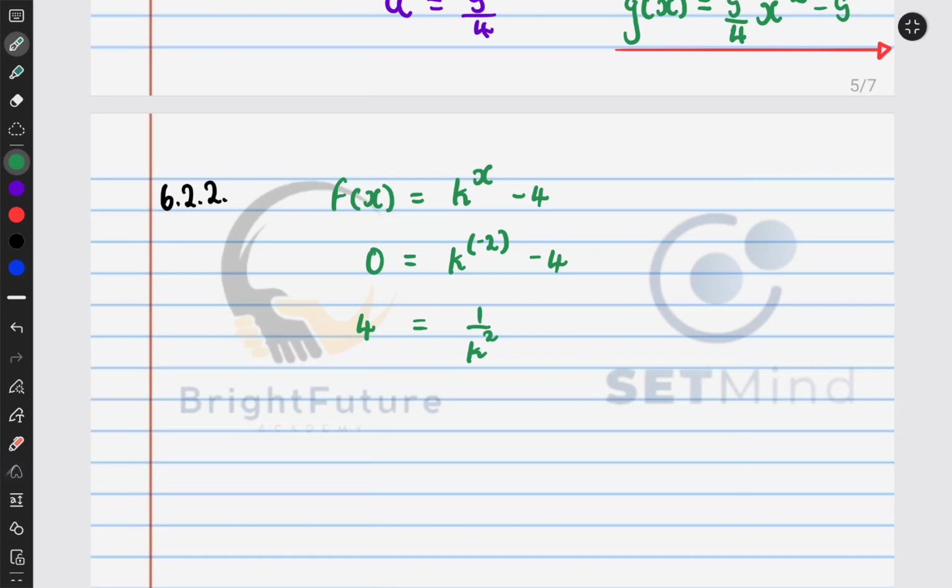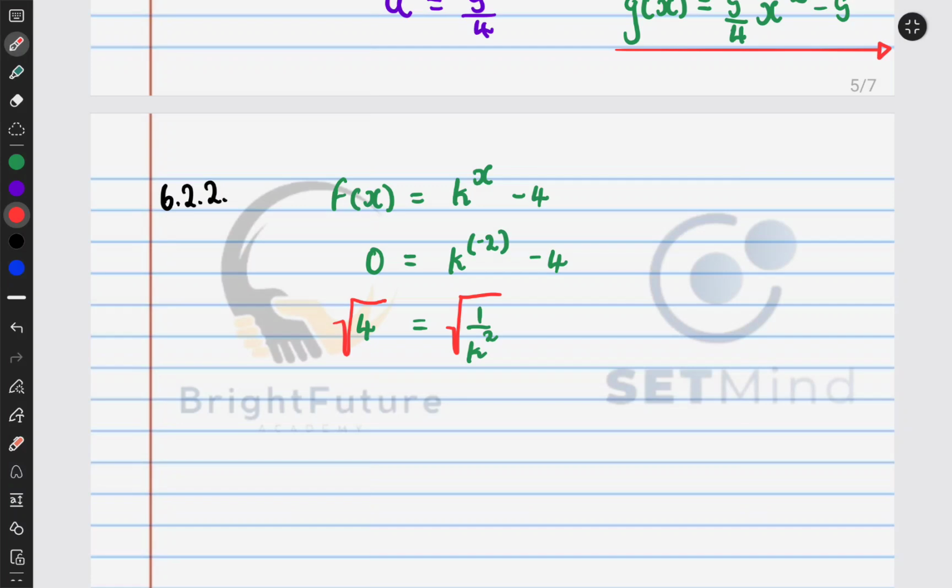Okay, so we are looking for k. What do we have to do here? We have to introduce a square root on both sides. We're only going to consider a positive square root because negative roots really don't work out for exponential functions.